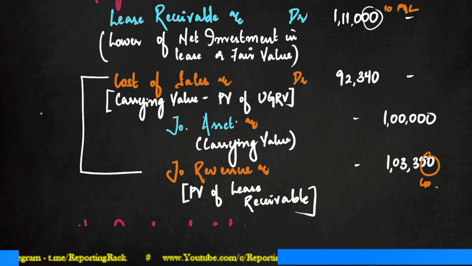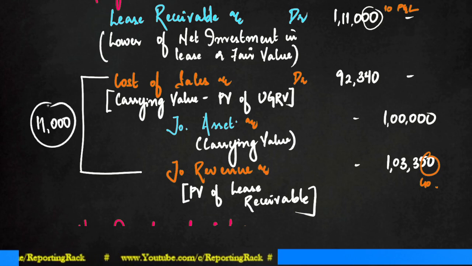So as such, the income to be recognized in your P&L is 11,000. Look at the entry and try to pick up the entry.